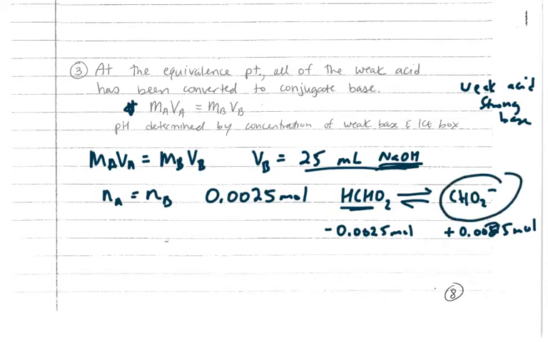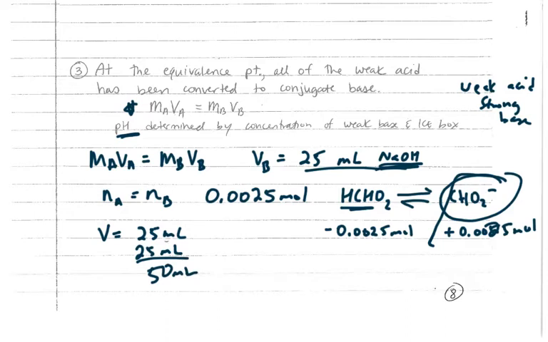So to figure out the pH at this point, we need to figure out what the concentration is at the equilibrium, making an ICE box for this equation. At this point, we have 0.0025 moles of this weak base. We had 25 milliliters of acid, and we also added 25 milliliters of base, so we have a total volume now of 50 milliliters.